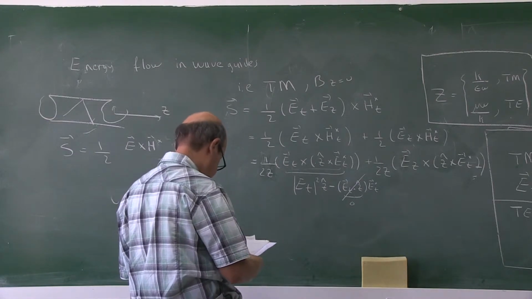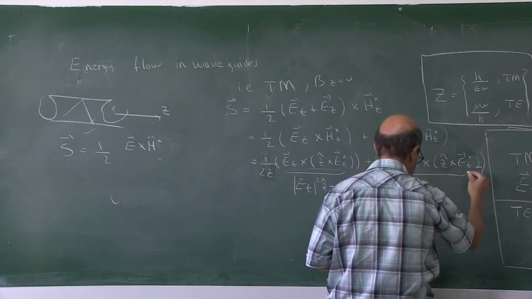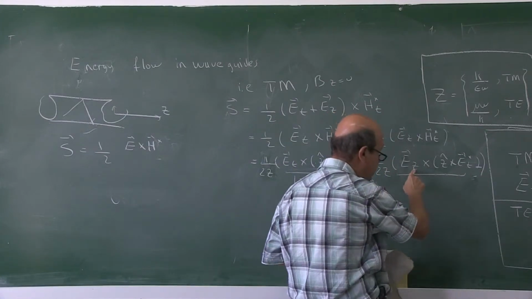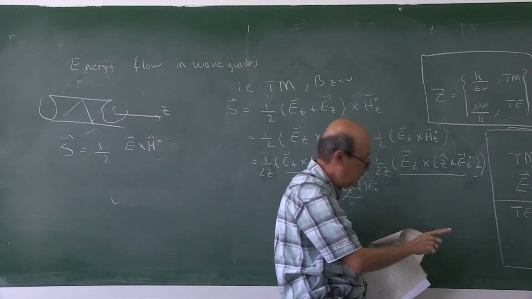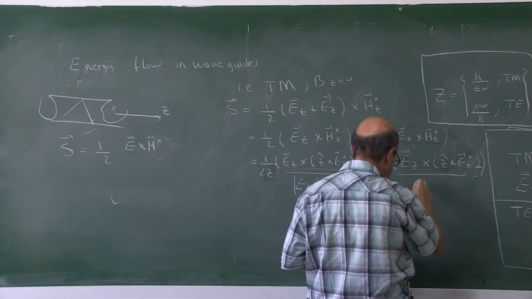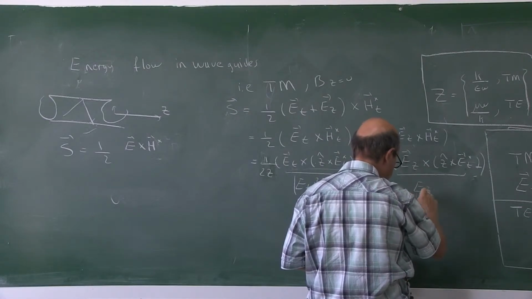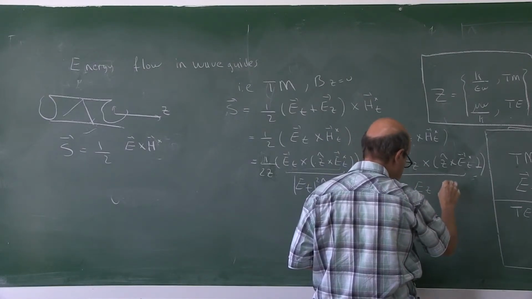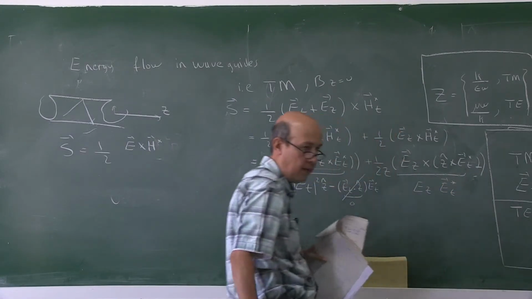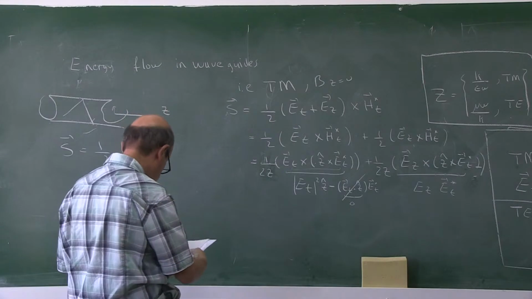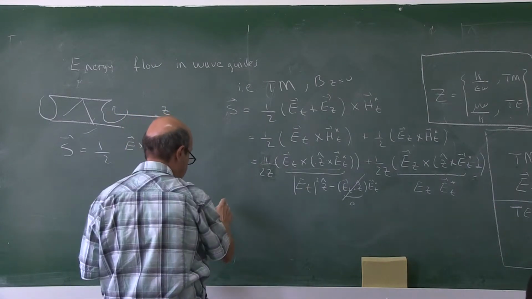And how about the second one? What is this? Ez dot E transverse is 0, orthogonal to each other, and you have Ez dot Ez, which is nothing but Ez along E transverse. So the Poynting vector is the following.